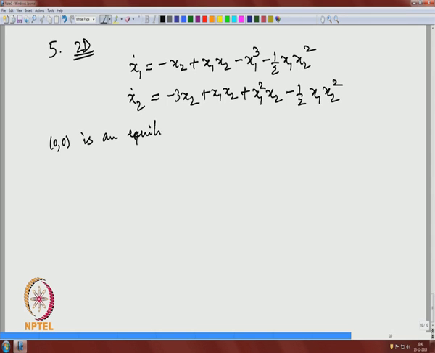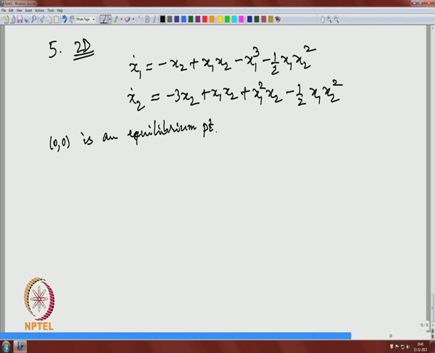and I leave it to you to check whether this system has any other equilibrium point, and if there are any, study their stability, whether they are stable or unstable. You can check that.